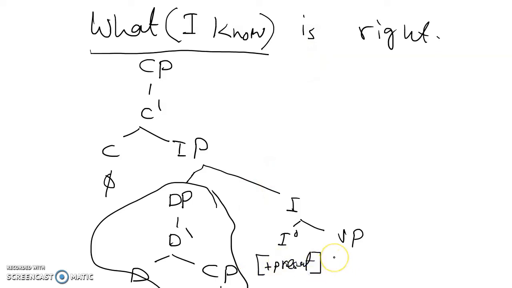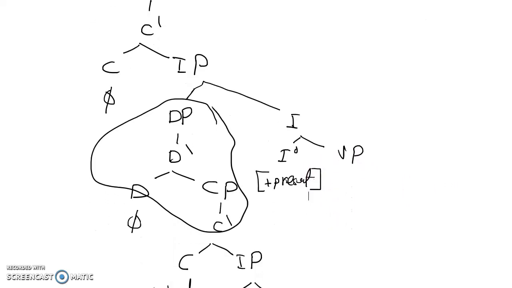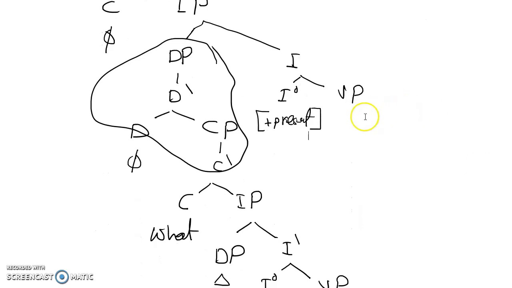Okay, and for the VP, I have to include the verb is and the adjective phrase, the word right. So simply I have to say I have V bar. This V bar consists of V bar and an adjective phrase.